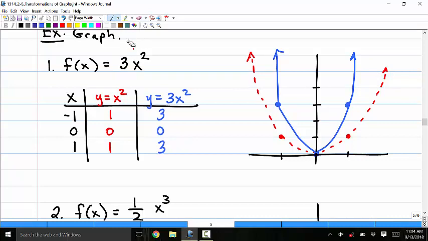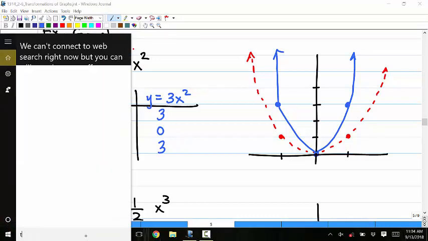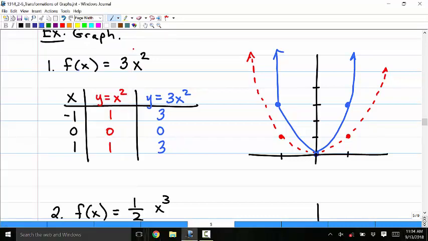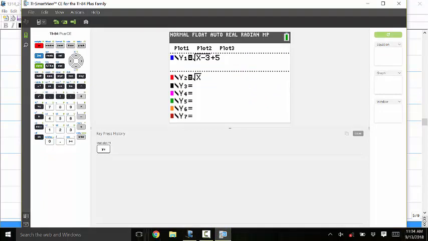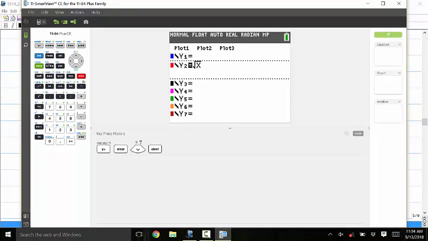And then, like someone so generously pointed out the other day, if you can't remember all the parent functions and all that kind of good stuff, what can you always do? You go over to your y equals. Our parent function is in red. We're going to put just x squared in the red.